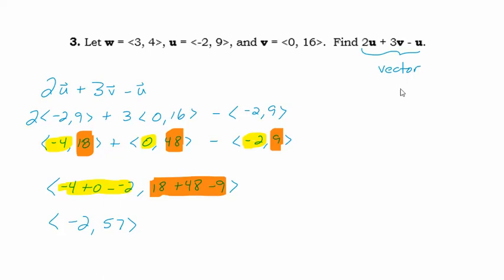And the way you could think of it, if you could graph all these out, I'm not going to do this in the direction that these are, but let's say you have 2 u's. Let's say this is vector u, and then you add 3 v's. Let's say v's going this way. Vector v, vector v, vector v. That's 3 v's. Then subtracting u would be going back this way, because this is vector u.